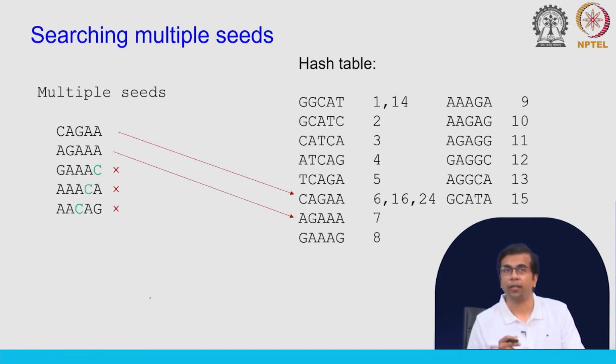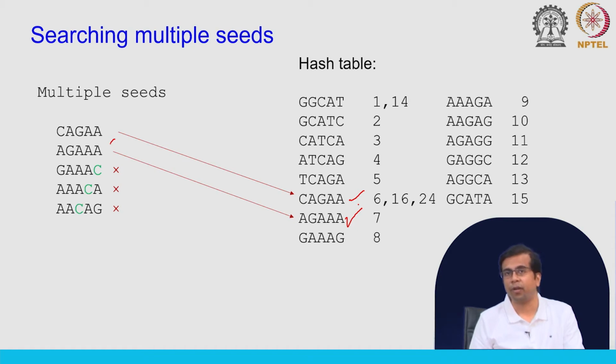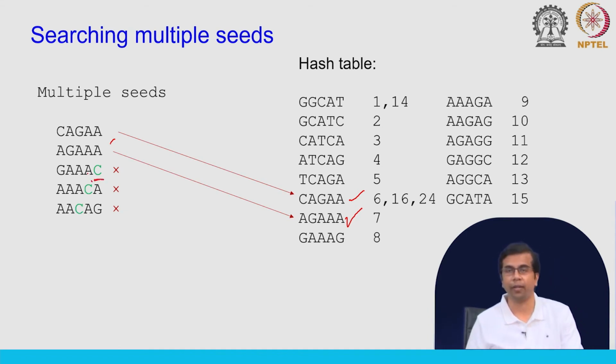Let us do that, and what we see is that the first seed matches with this one here, the second one matches with this one here, but the rest of them do not match. I have highlighted this C base here because this is a mutation, a change in the read, which could be a mutation or a sequencing error. So, these 3 seeds are not matching, but the first 2 have matched.